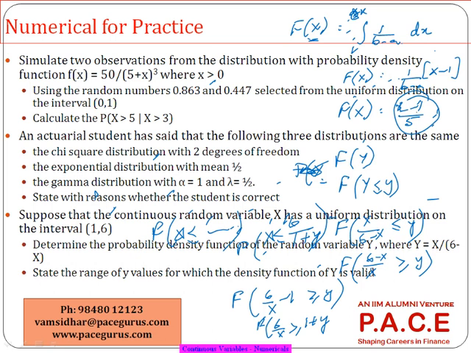Which is as good as F of x here. Instead of x I will write 6 by 1 plus y, so I will write it as 6 by 1 plus y minus 1, all by 5.